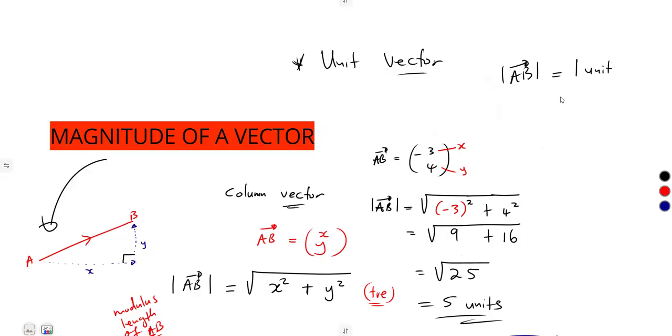When that happens, it means you are working with a unity vector. So a unity vector is a vector whose magnitude is 1.